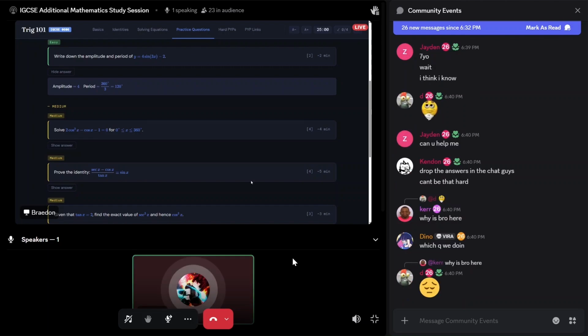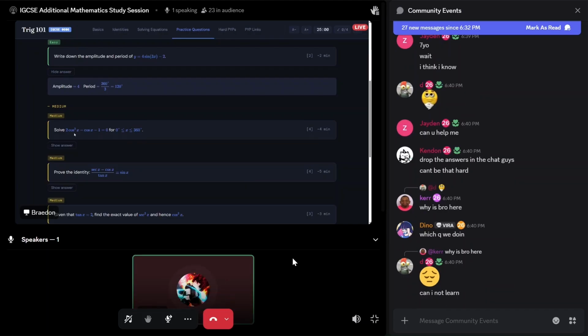Which question are we doing? We are doing the first medium question: 2 cos square x minus cos x minus 1 equals 0. So 4 minutes for this question.